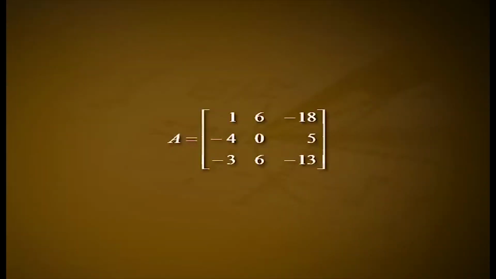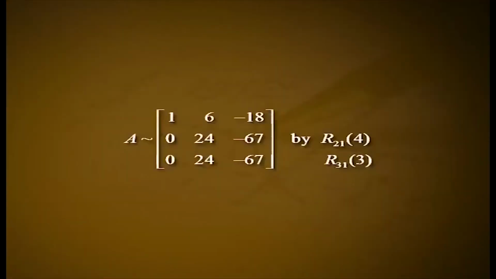Matrix A is equal to [1 6 -18; -4 0 5; -3 6 -13]. Solution.